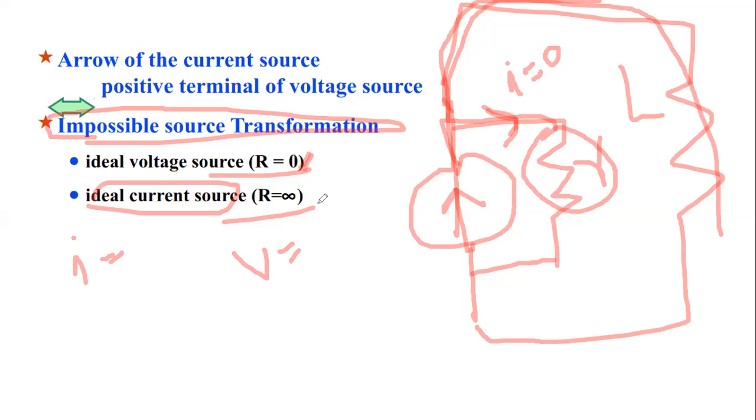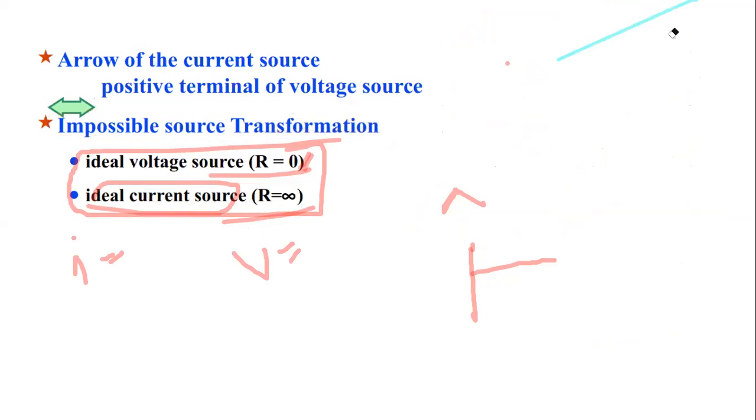So both of these things are restricting us from source transformation. So source transformation will not be possible in these two cases. Okay, but we are not going to have these two cases. Don't worry, we will always have the cases where it is possible. So it was just for your knowledge.